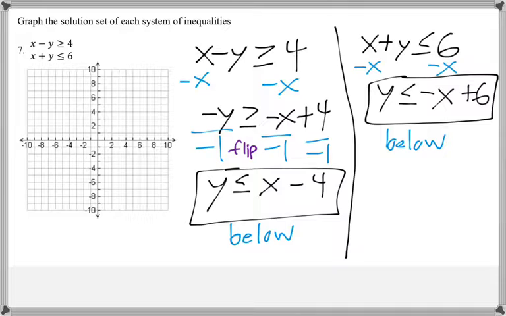So let's show this on our graph. This one crossed at (-4, 4). And then the other one crossed at (6, 6).